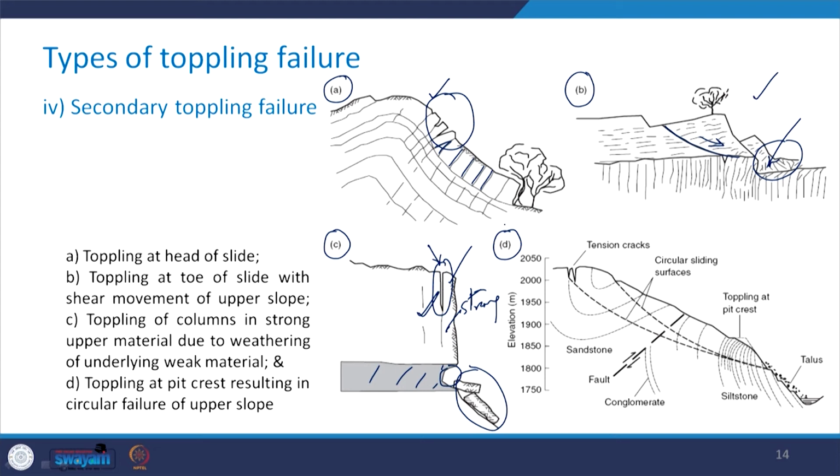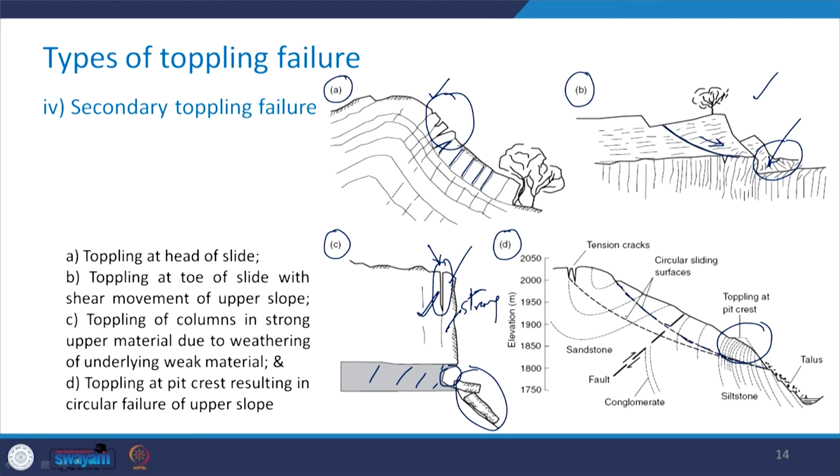In this case there is the toppling at the pit crest, that means at this location, and it results in the circular failure of the upper slope. You can see that two dotted lines have been shown.